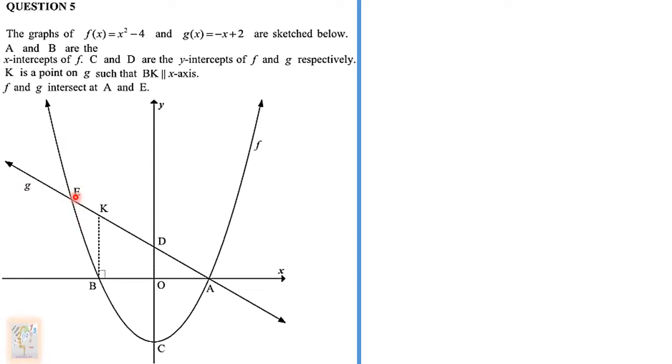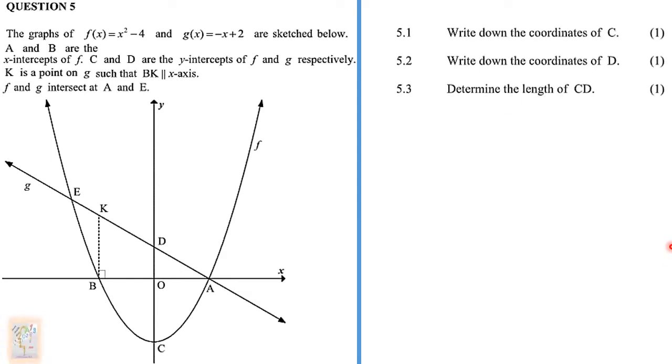Put that in your head. Please, this is very important. At the point of intersection, the equations of the graphs are equal. If they are 2, they are equal. If they are 3, they are also equal. Remember that.